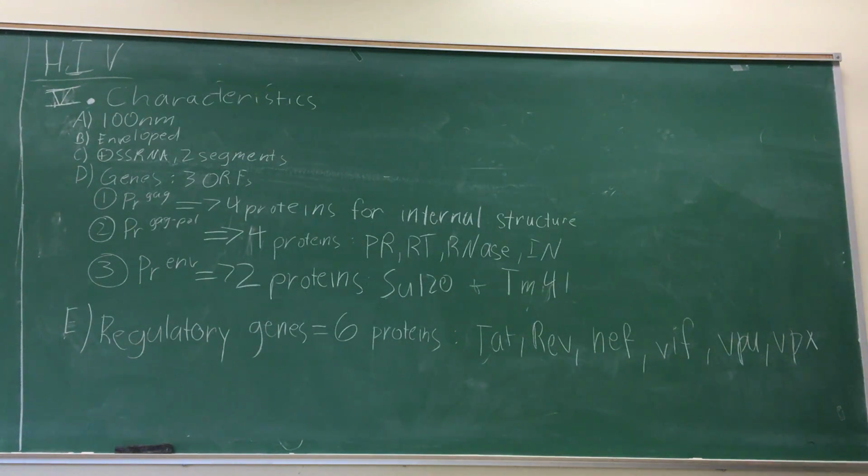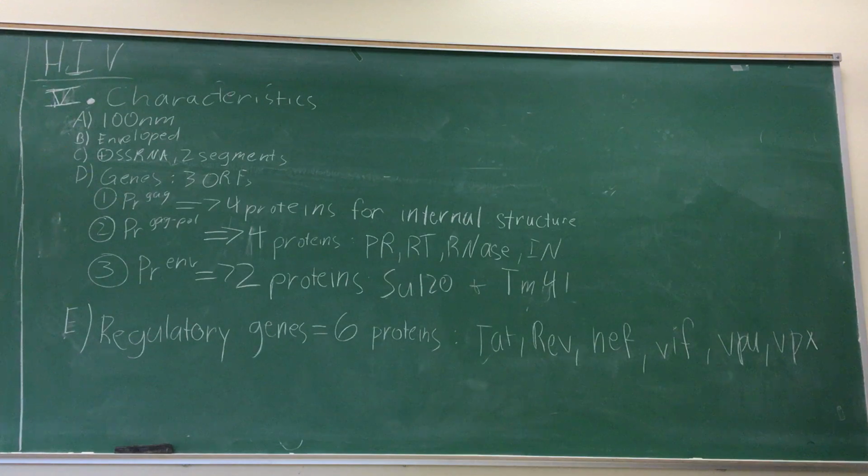Now the envelope of HIV is also bigger than the other retroviruses, and its glycoproteins are bigger. Its surface protein is 120 compared to 85 for the other retroviruses, and its transmembrane protein is 41 instead of 37.